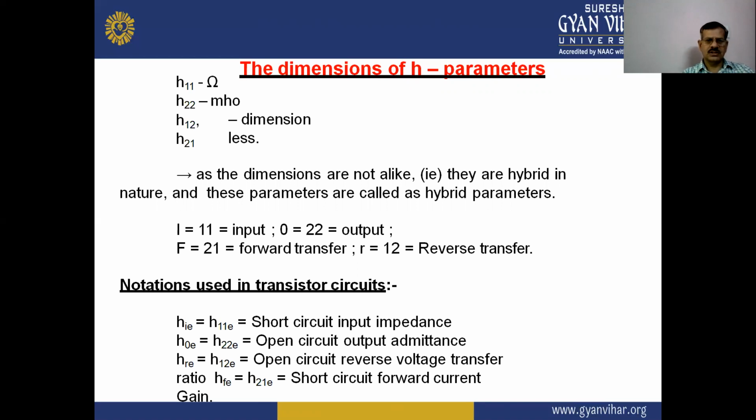So the notations used in transistor circuits are: hie equal to h11e equal to short circuit input impedance, and hoe equal to h22e equal to open circuit output admittance, hre equal to h12e equal to open circuit reverse voltage transfer ratio, and hfe equal to h21e equal to short circuit forward current gain.